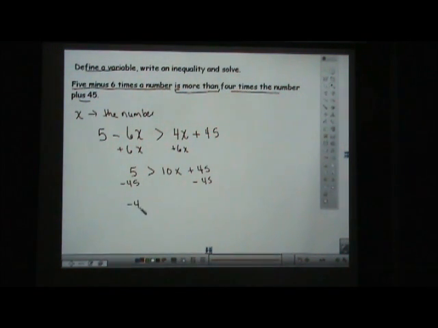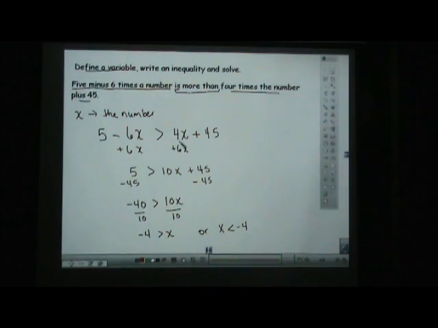So negative 40 is greater than 10x. Then divide the 10 away from the x, and you'll have negative 4 is greater than x. And if you need to read it the other way, start here. X is less than negative 4, or you can rewrite x, the symbol was pointing to x, and then the negative 4, and it'd be easier for you to read or graph.